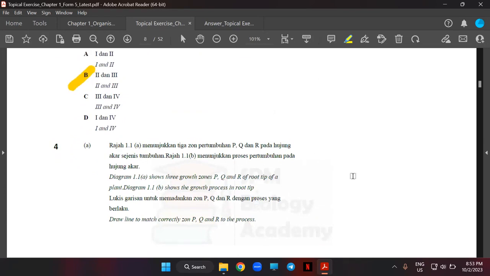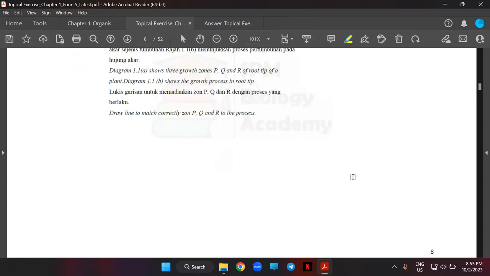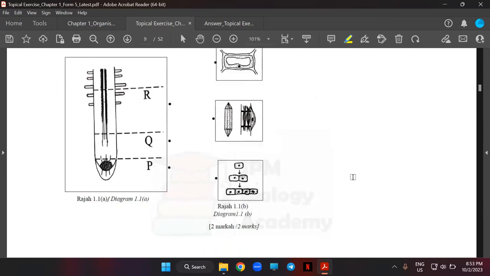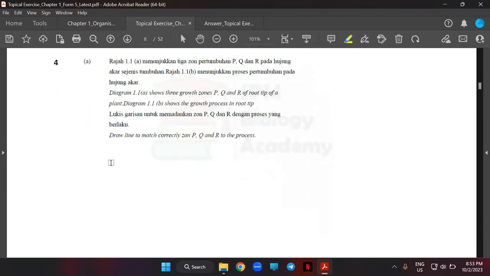B. Number 4. What is this structure ini? Ya, structure. Okay. Rajah 1.1A menunjukkan 3 zon pertumbuhan PQR pada hujung akar sejenis tumbuhan. Rajah 1.1B menunjukkan proses pertumbuhan pada hujung akar.